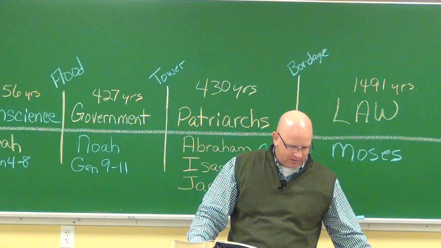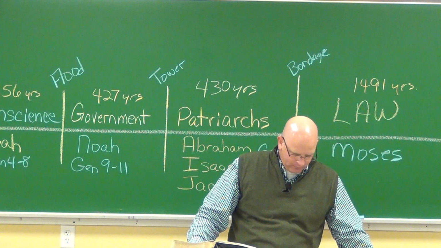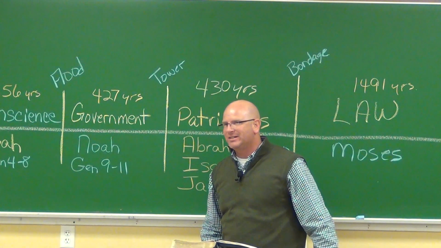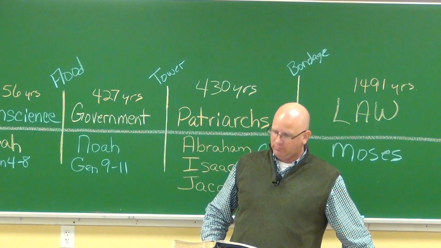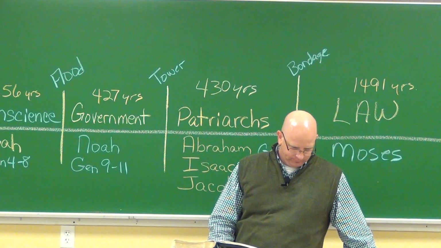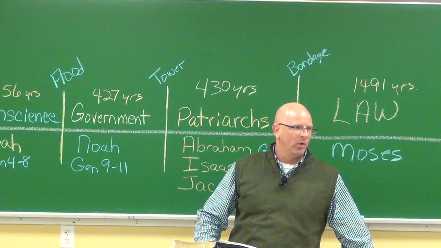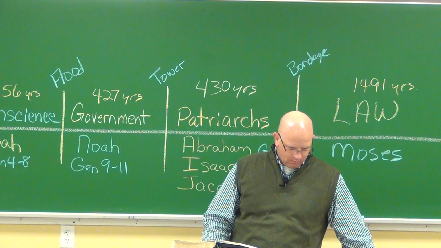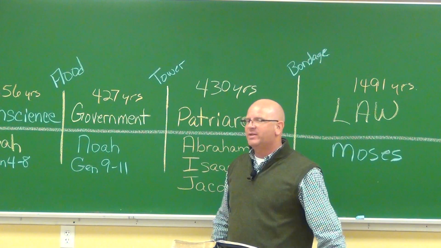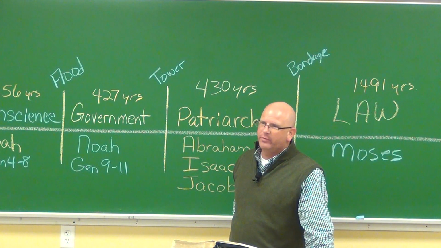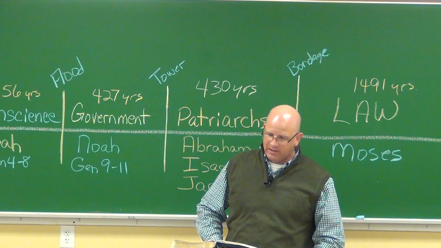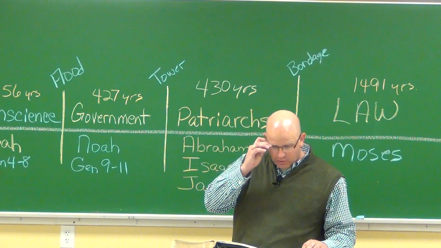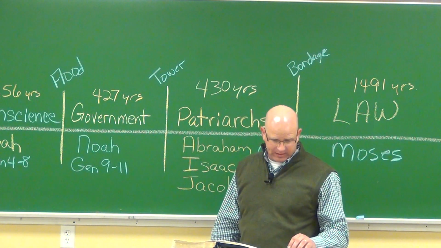Then 28 through 36 is the story of Jacob. And then 37 through 50 is the story of Joseph. And that'll carry you through the end of the book of Genesis. And that'll carry you halfway through the Old Testament.